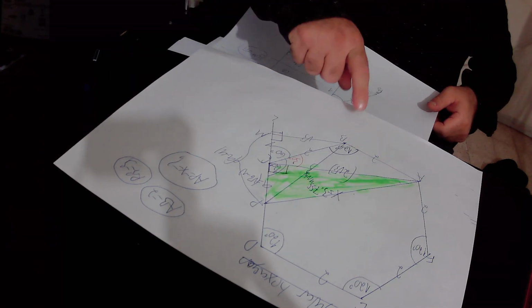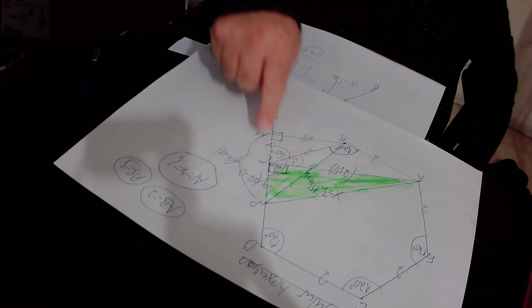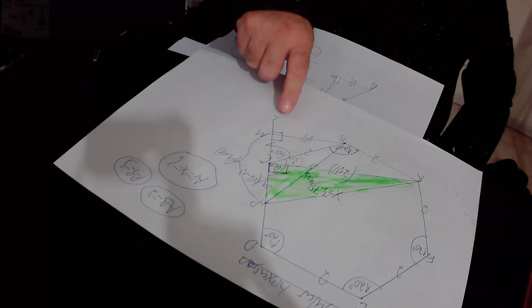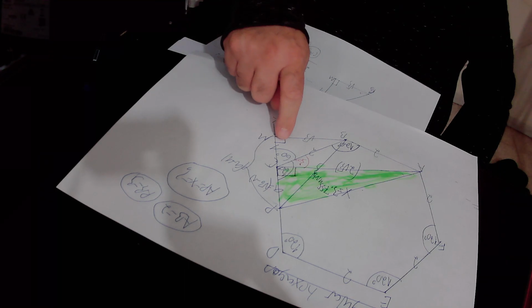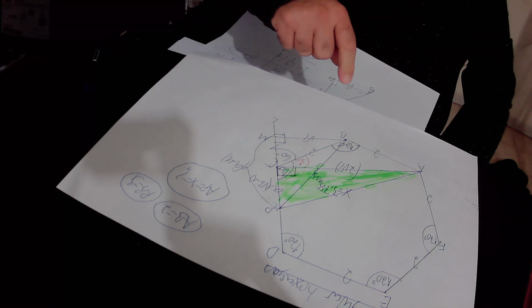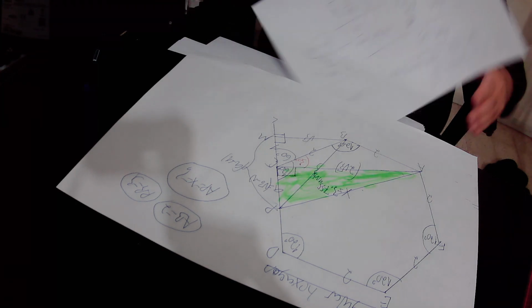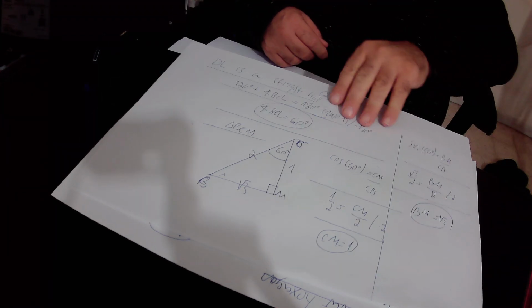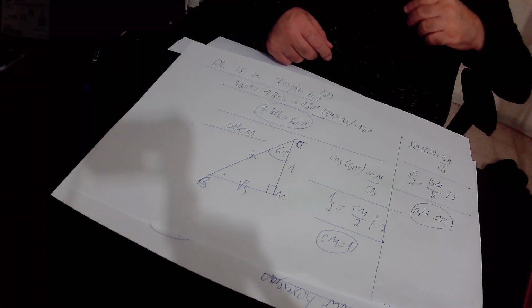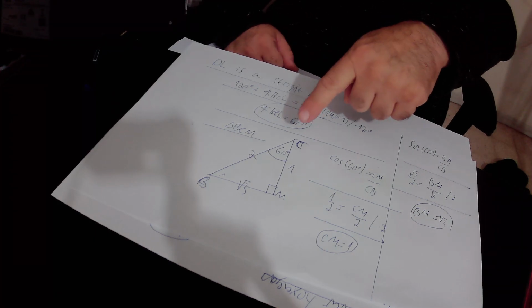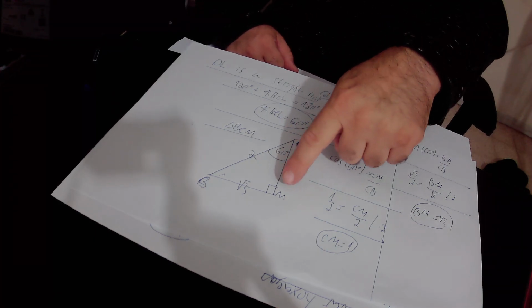Then from point B we draw a perpendicular on DL. So this angle equals 90 degrees according to our construction. In this way we created the right triangle BCM, taken from the original drawing. This angle equals 60 degrees and this angle equals 90 degrees.